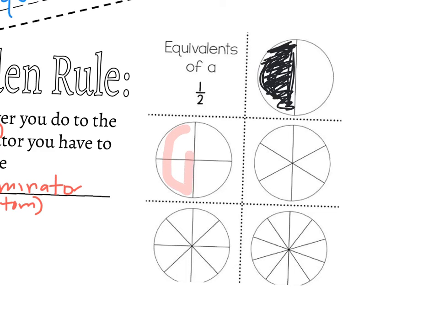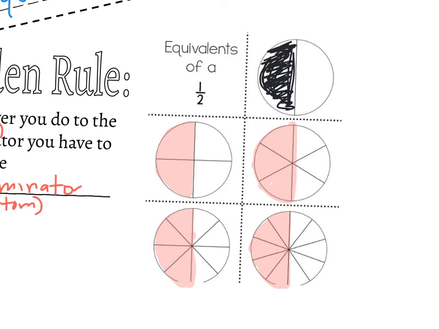I'm going to shade in an equivalent part here. An equivalent picture here. An equivalent picture here. Now, if you took the lines out, all of the pictures would essentially look the same, but they're represented with different numbers.